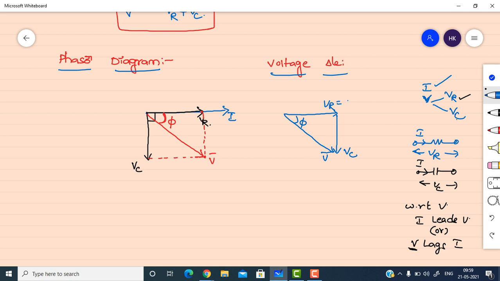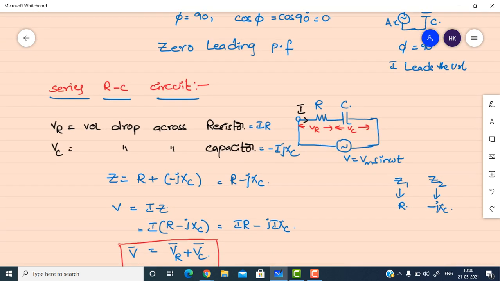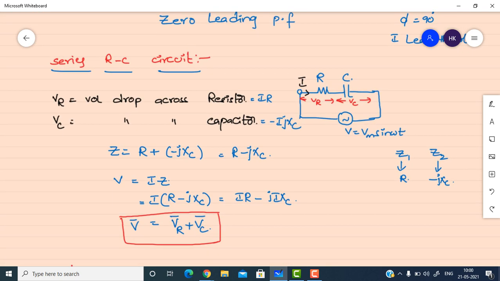This VR is nothing but I into R. This VC is nothing but I into XC. Why am I not representing j here? Only I am writing I XC. Here I wrote minus I into j XC, right?